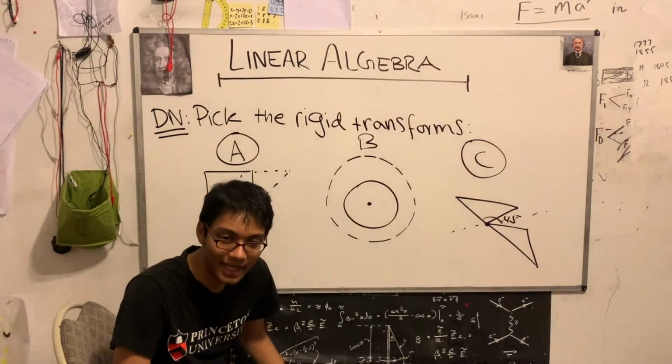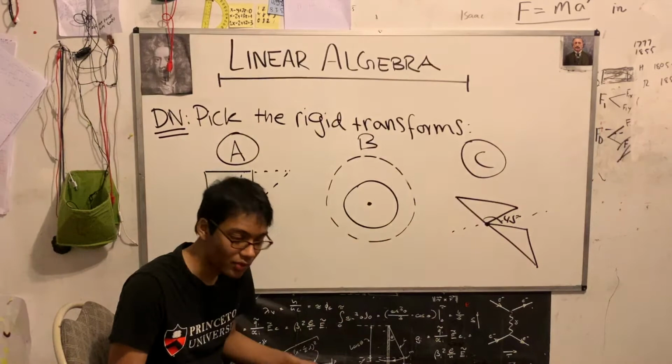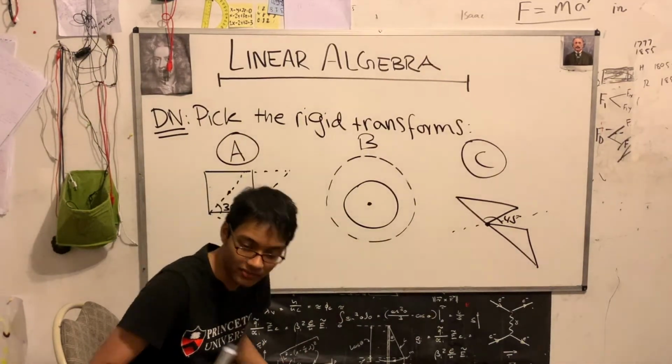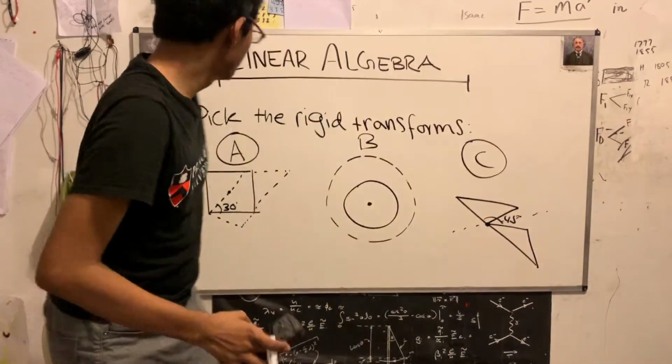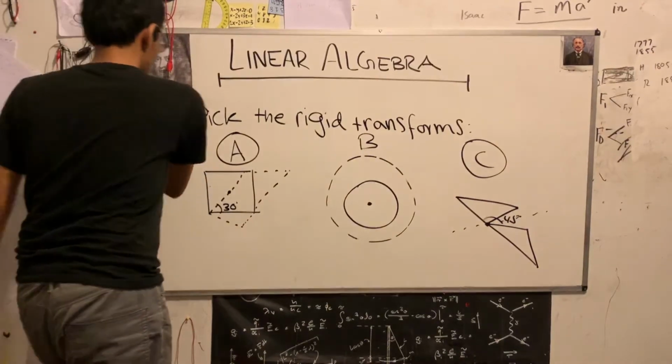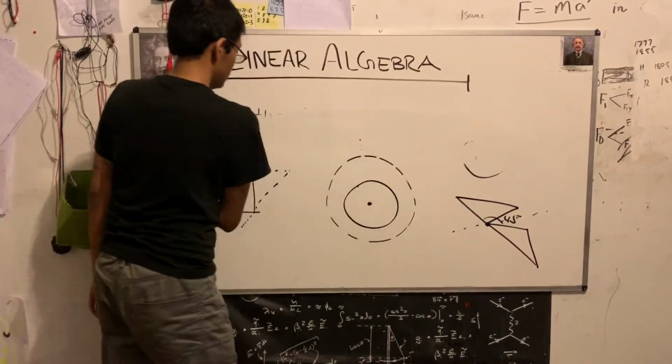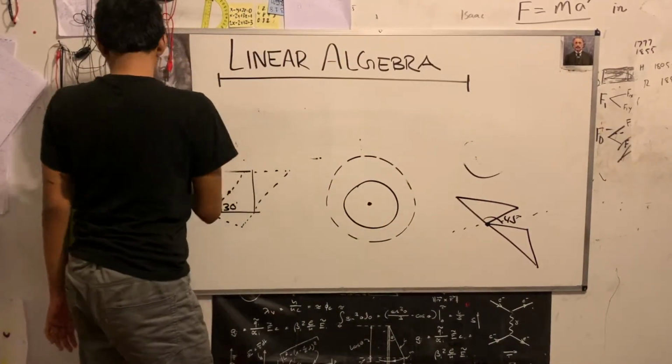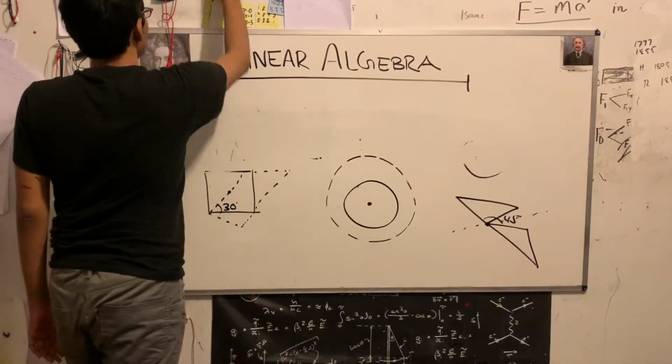So let's go ahead and take a look at how we can derive the rotational matrix for a rigid transform. Okay, so that's going to be our lesson today.